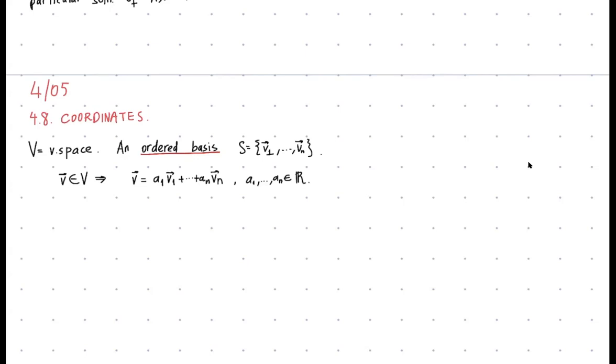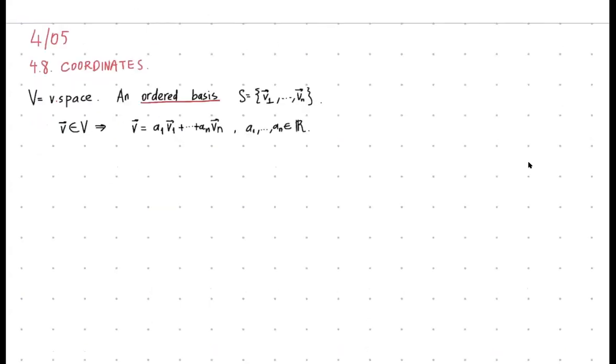Now our definition is this. We define something called V sub S. This S is the same as the S here. So this is the vector. This means the coordinates of V with respect to this ordered basis. How do we define it? We define it as these numbers, a1, a2, up to an.